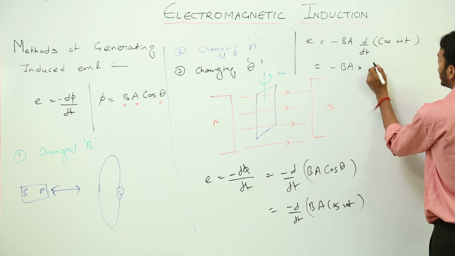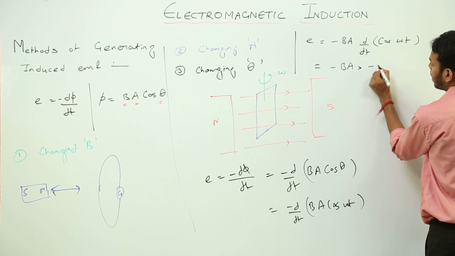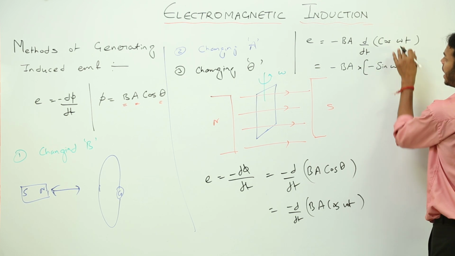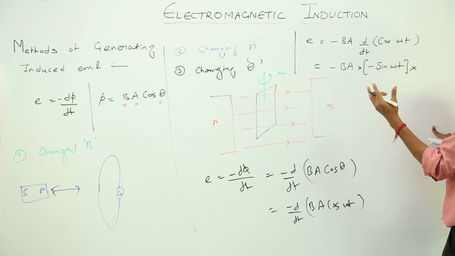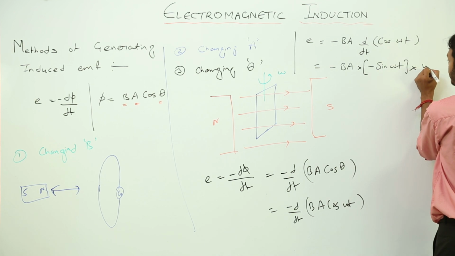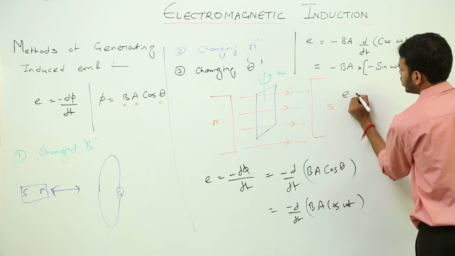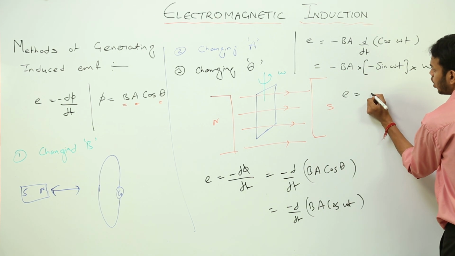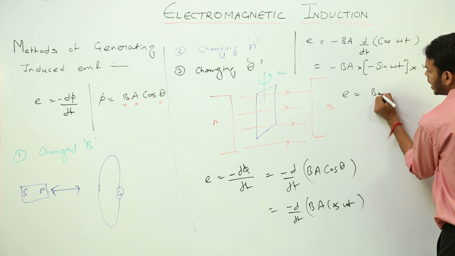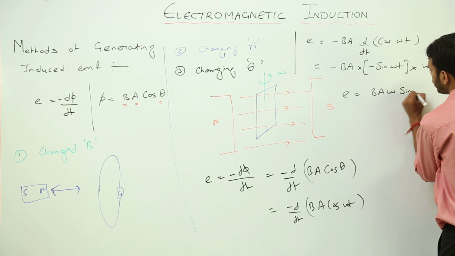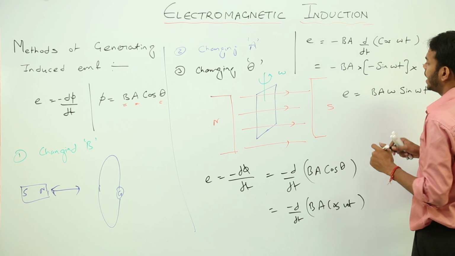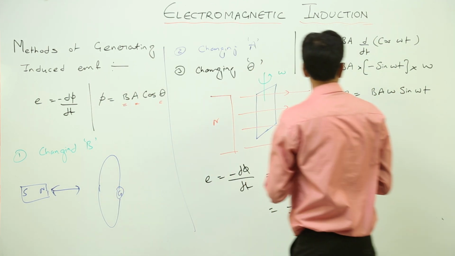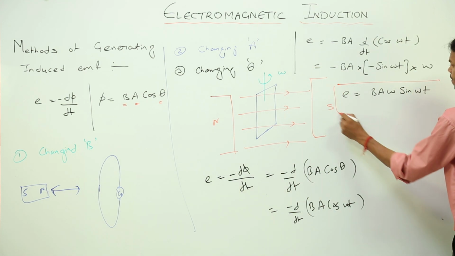So right now we have cos omega t, that is minus sin omega t multiplied by the differentiation of the constant, which is basically the power rule, so multiplied by omega. So the negative sign and this negative sign go out, and the induced EMF is B A omega sin omega t. This is our final answer.